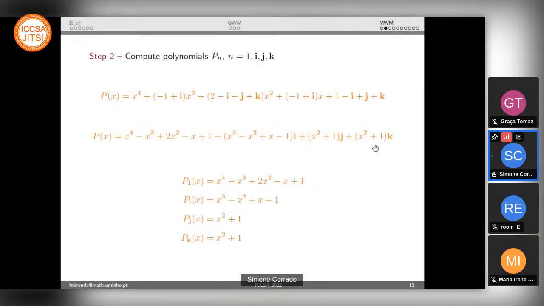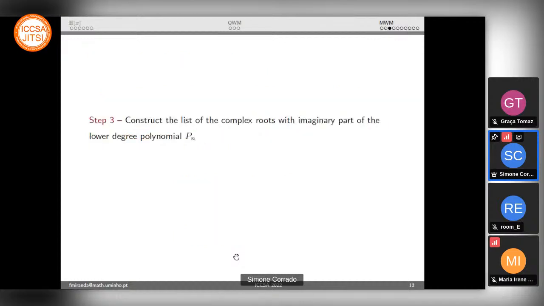The next step is to find all the common complex zeros of these four polynomials. Of course, we start computing the complex zeros of the lowest degree polynomial, in this case, Pj or Pk. So step 3 is to construct the list of complex roots with the imaginary part of the lower degree polynomial P, guaranteeing that it is a complex zero.